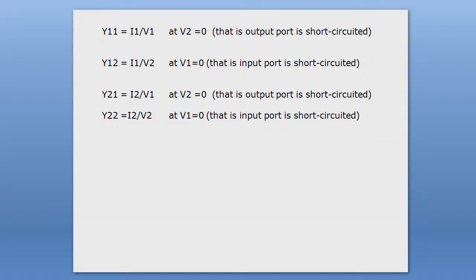Everyone see y21: I2 by V1 at V2 equal to 0, short circuited.